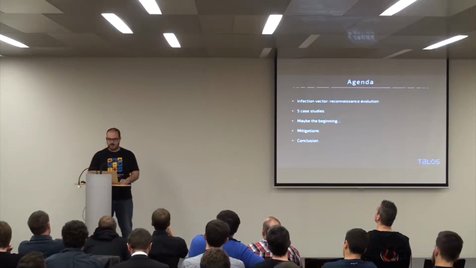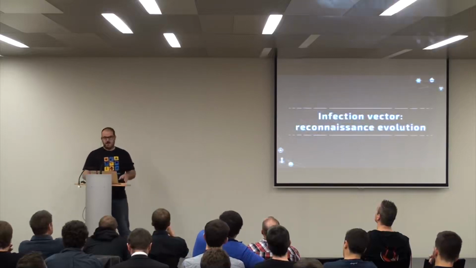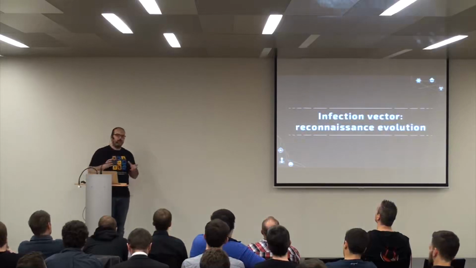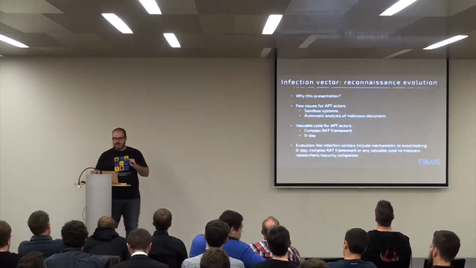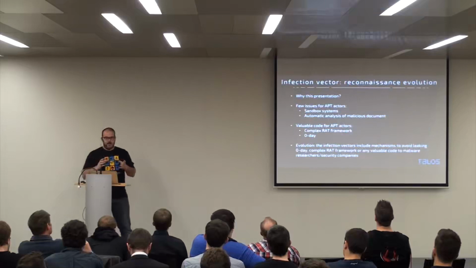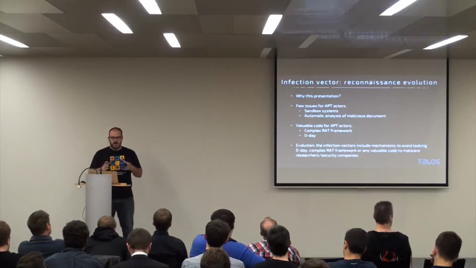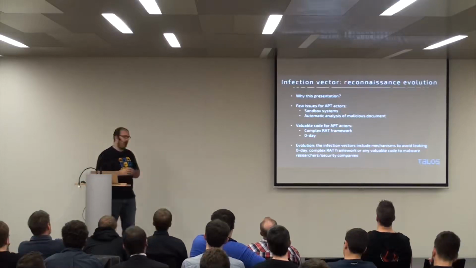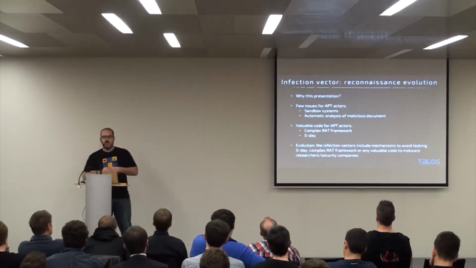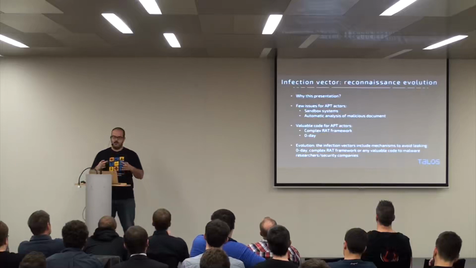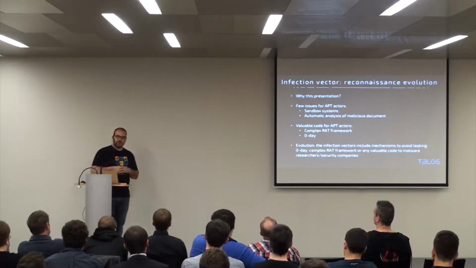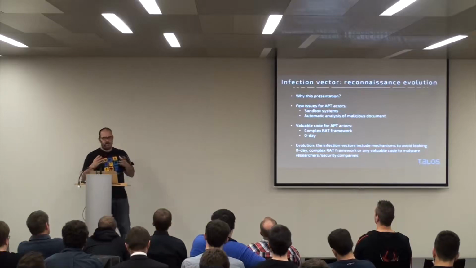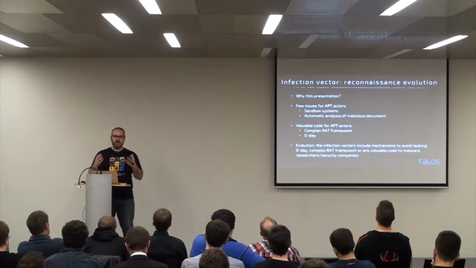So what is for me the main evolution I saw? In fact, APT actors have a problem with sandboxes. Everybody knows that. A lot of companies have sandbox systems, and sometimes it works. They need exploits.